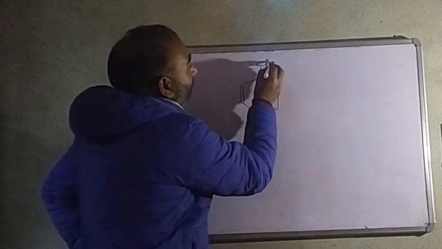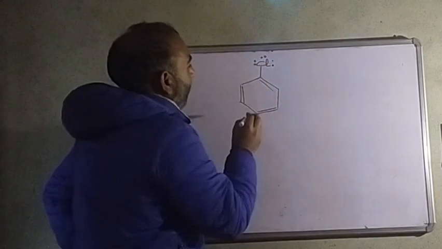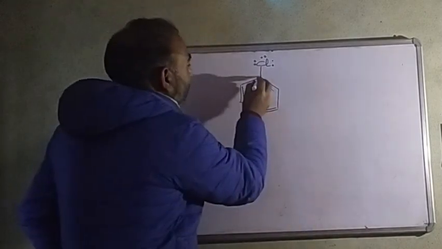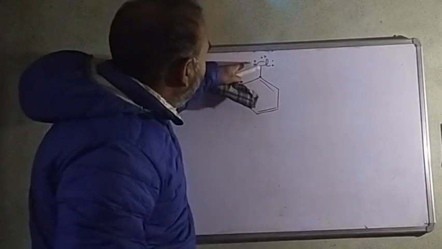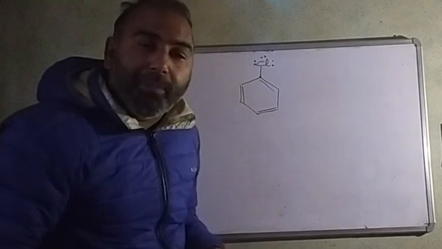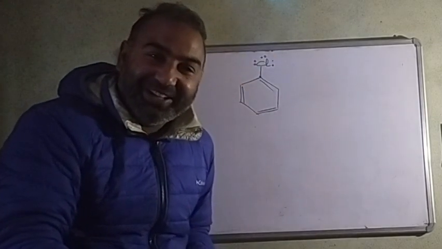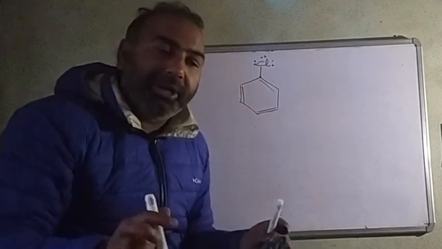And chlorine, you know, it has 3 lone pairs. So chlorine has lone pair and this carbon has a pi bond. So lone pair will interact with these pi bonds. That interaction is called conjugation. And it will be a good example of positive mesomeric effect.